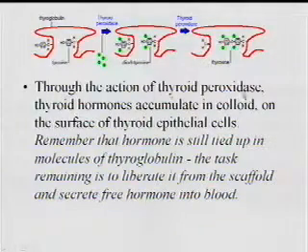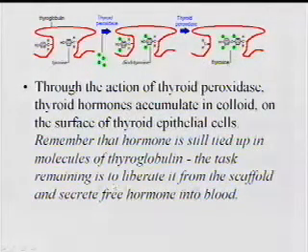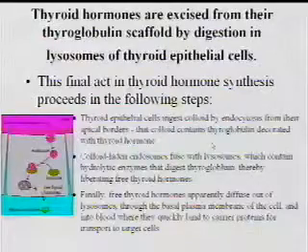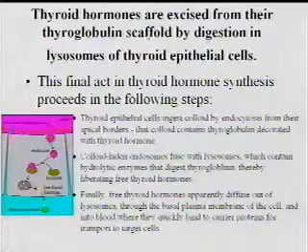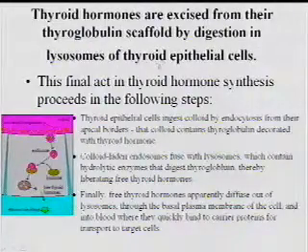So through the action of the thyroid peroxidase, the hormones accumulate in the colloid on the surface of the thyroid epithelial cells. Remember that hormone is still tied up in the molecule of thyroglobulin. The task remaining is to liberate it from the scaffold and secrete the free hormone into the blood. So they're excised from the thyroglobulin scaffolding by digestion in lysosomes of the thyroid epithelial cells.